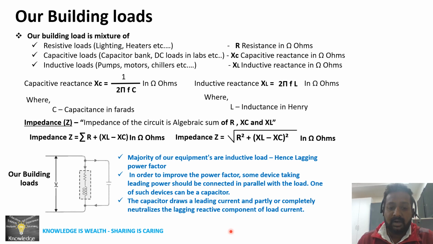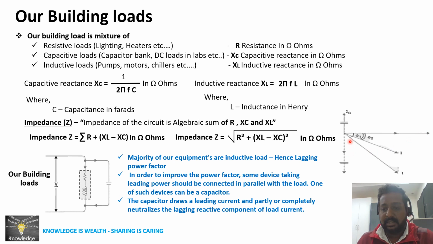The capacitor draws a leading current and partly or completely neutralizes the lagging reactive component of the load. Whenever the connected capacitance is exactly equivalent to our inductive load, the leading will neutralize the complete lagging effect, and our power factor will become unity.